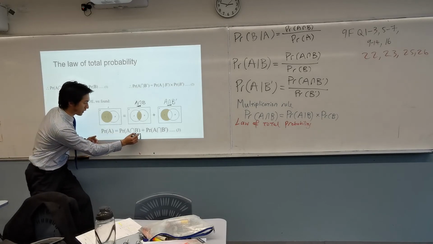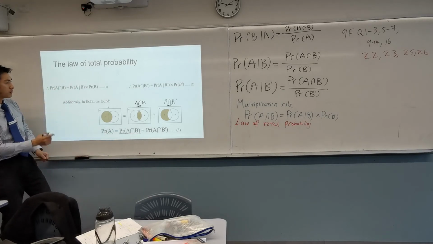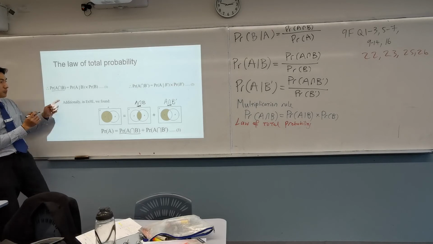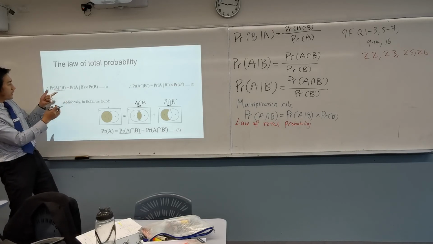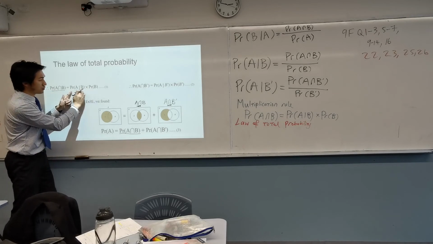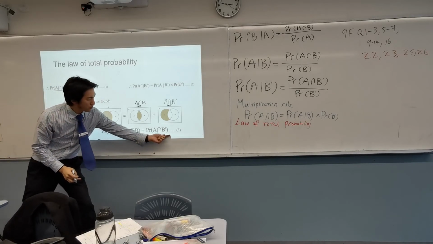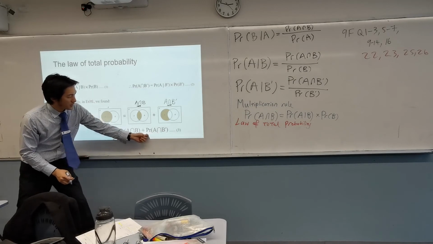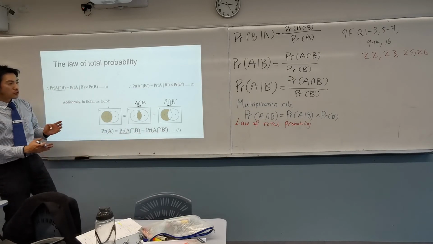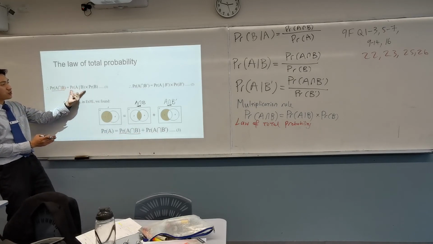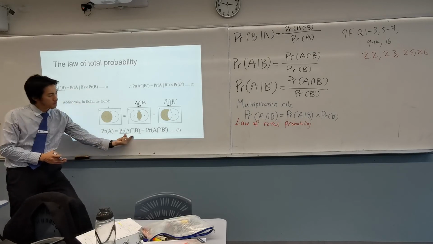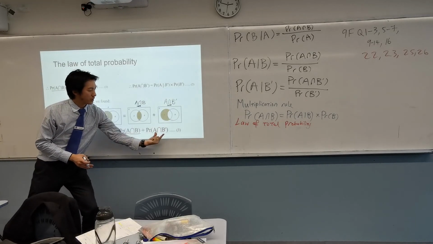Notice, okay, the probability of A and B, we've defined it previously up here. I know it's blurry. The way you can write the intersection is using the multiplication rule. You can also use the multiplication rule to rewrite that other part as well. So this is all about substituting in equation 1 here and equation 2 here.